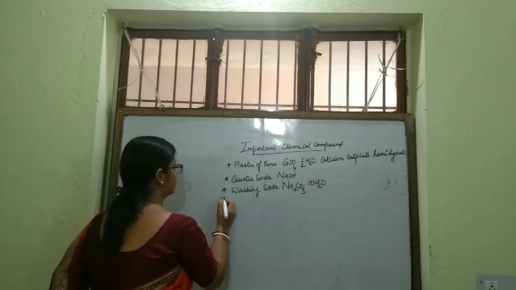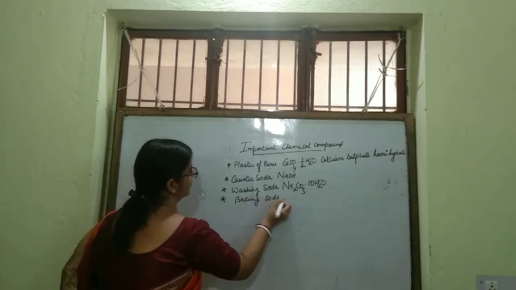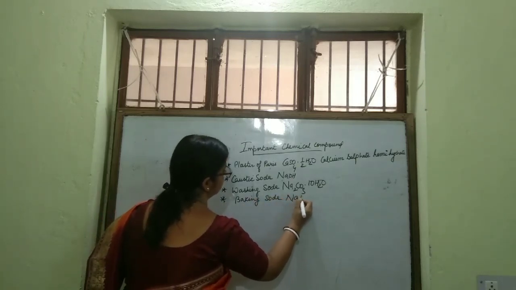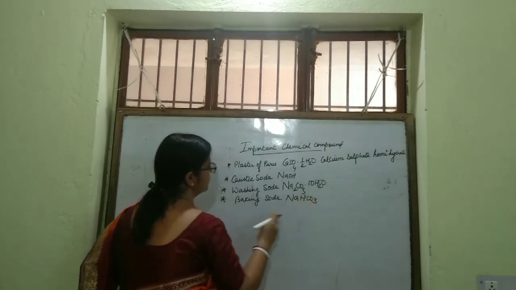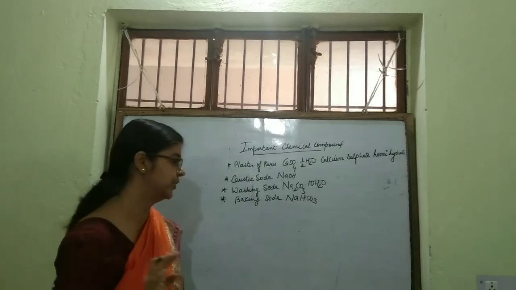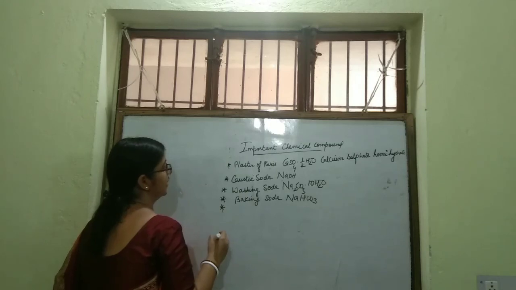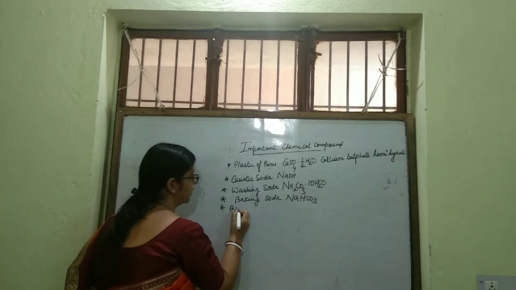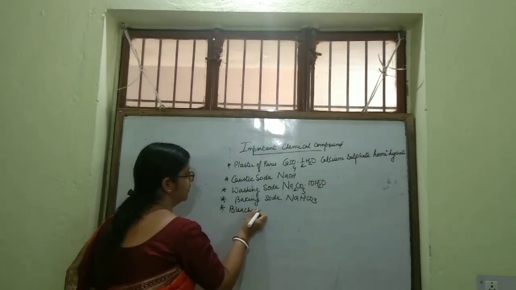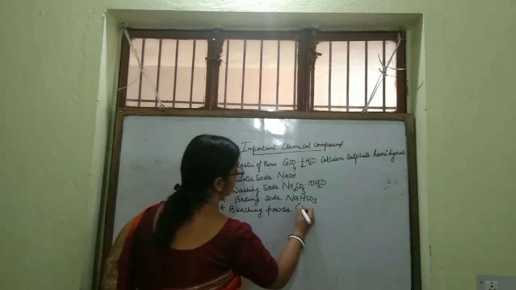Next, baking soda: sodium bicarbonate, or sodium hydrogen carbonate. So baking soda, washing soda, plaster of Paris. Then bleaching powder. What is its formula? CaOCl2.